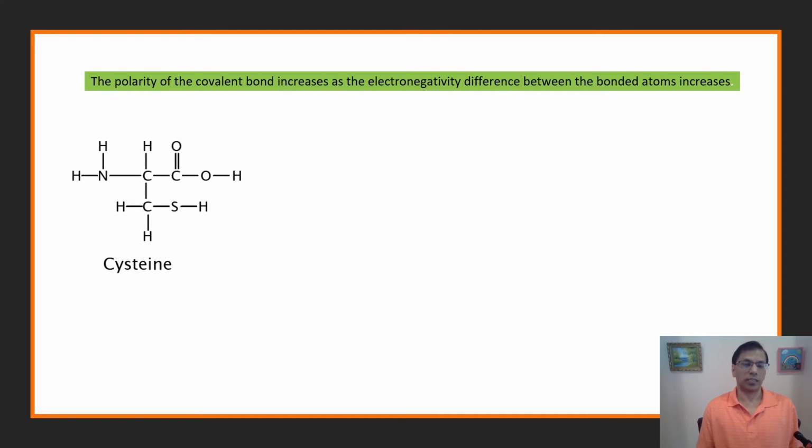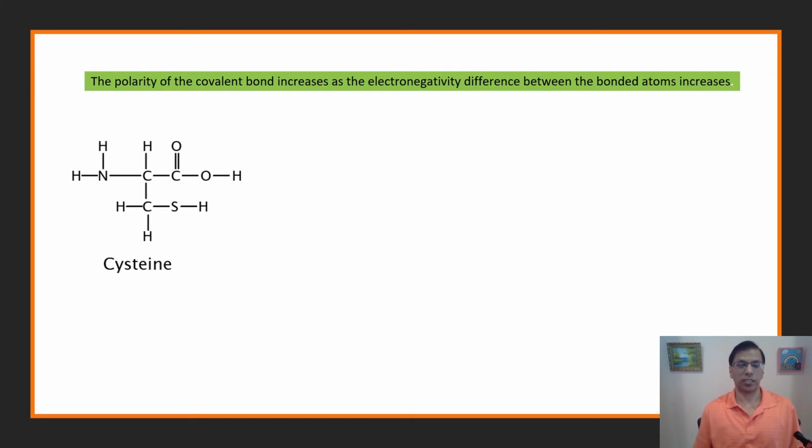Let's look at the amino acid cysteine, and let's try to identify whether each bond is polar or not. As you can see, there are several bonds in cysteine. There are NH bonds, CH bond, carbon-oxygen bond, oxygen-hydrogen bond, SH bond, and even carbon-carbon bond.